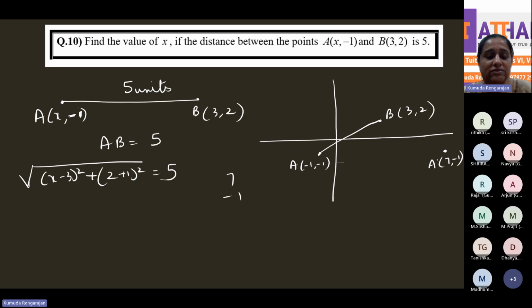So the two values for x are 7 and -1, which means 7, -1 or -1, -1. The distance AB here will be 5 units. The distance AB like this also will be 5 units.